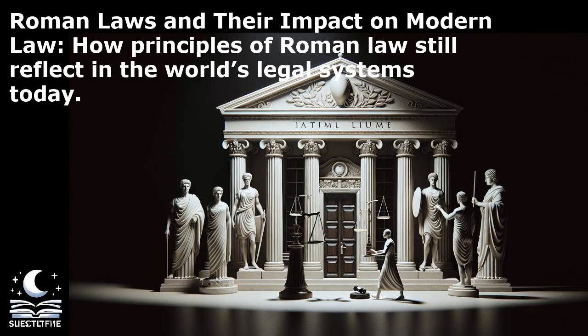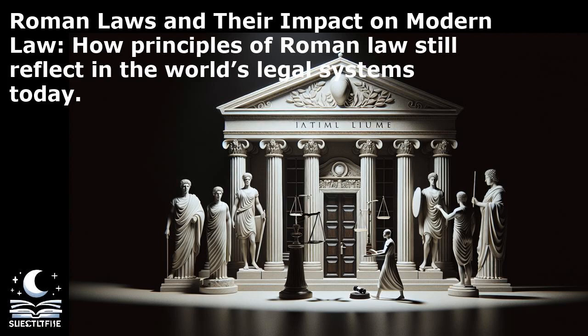Roman law also placed a strong emphasis on the importance of written contracts. Contracts were seen as binding agreements that needed to be carefully documented to ensure clarity and enforceability. This emphasis on written contracts helped establish a framework for commercial transactions and legal agreements that is still prevalent in modern contract law.